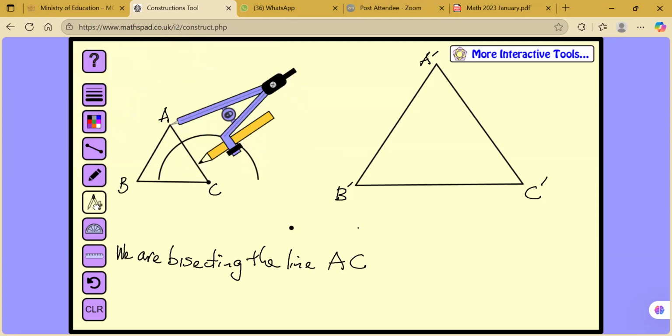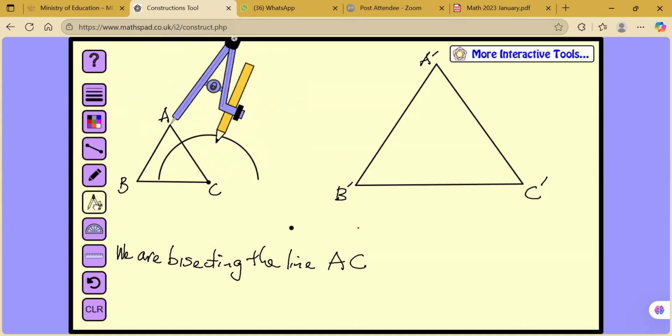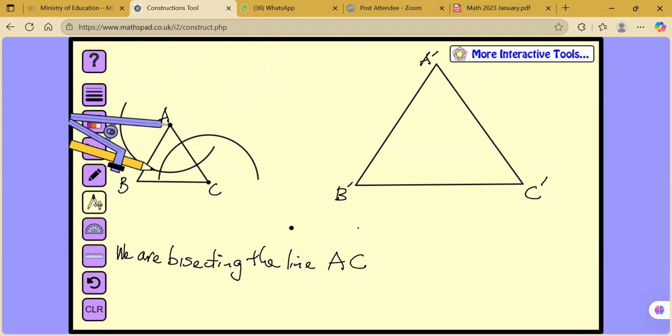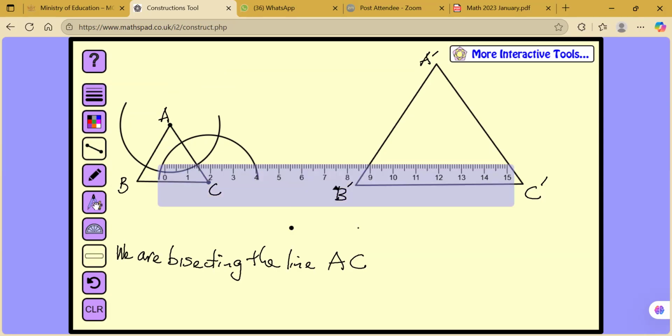Why is it not drawing up? Right. So this is called bisecting AC. Now, what I have to do now is draw a line through it. Now, you have to take a ruler.